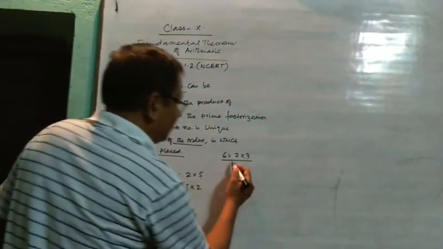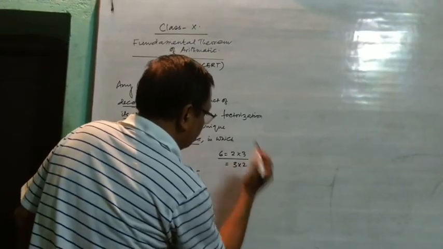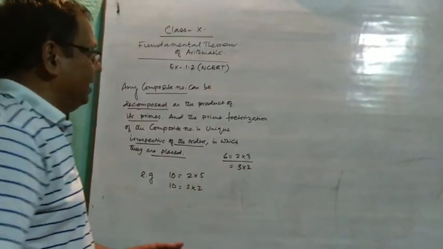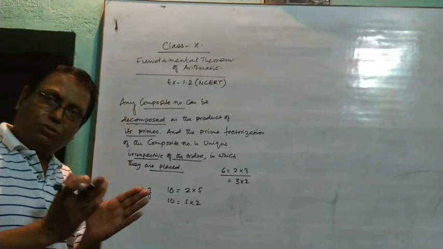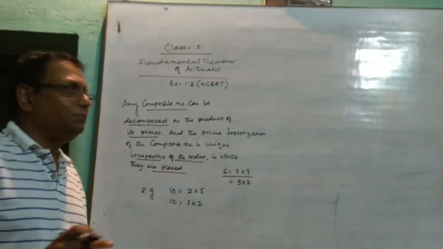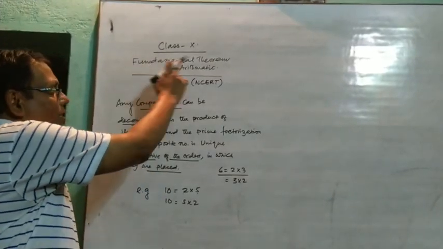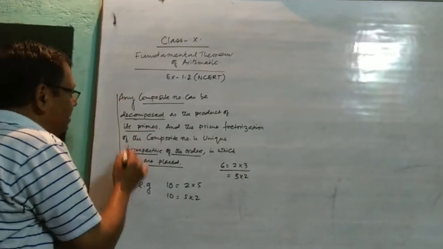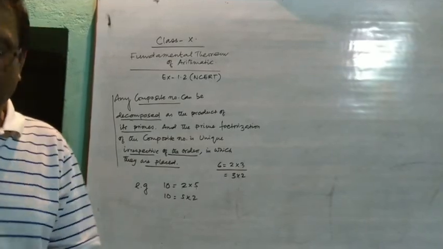You can write 2 into 3, you can write 3 into 2. In whatever order you write, its prime factors are always 2 and 3. So this is all about the fundamental theorem of arithmetic. This statement you have to go through, you have to cram.